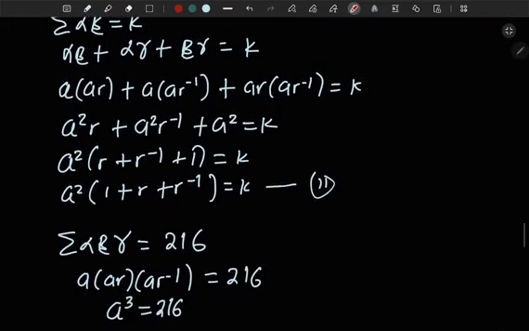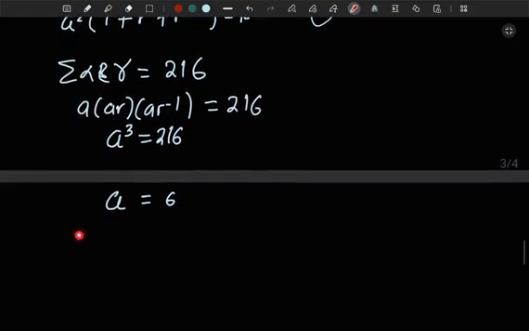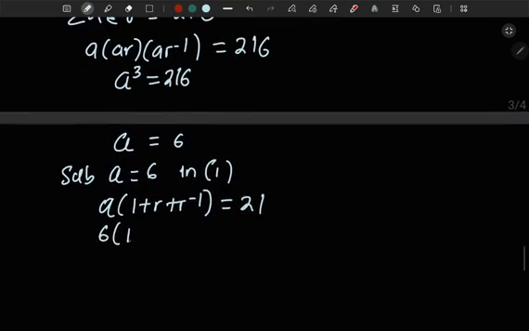We can just substitute a equals 6 in equation 1. From there, equation 1 becomes a times 1 plus r plus r to the power minus 1 equals 21. So this is 6 times 1 plus r plus r to the power minus 1 equals 21.